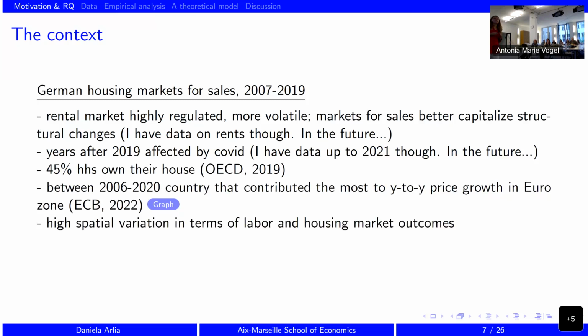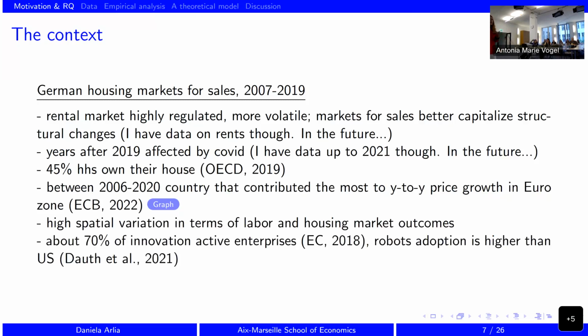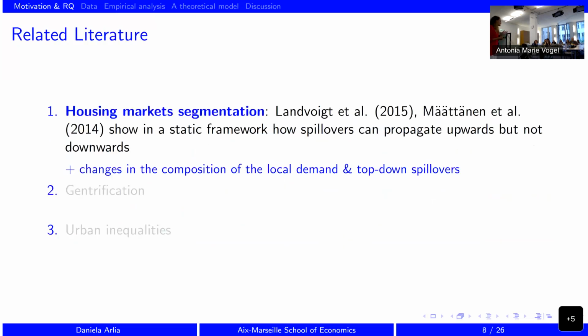It still shows high spatial variation in terms of labor and housing market outcomes, and about 70% of enterprises are innovation active. So, many good reasons to study the German context, besides the fact that I have data availability for the country.